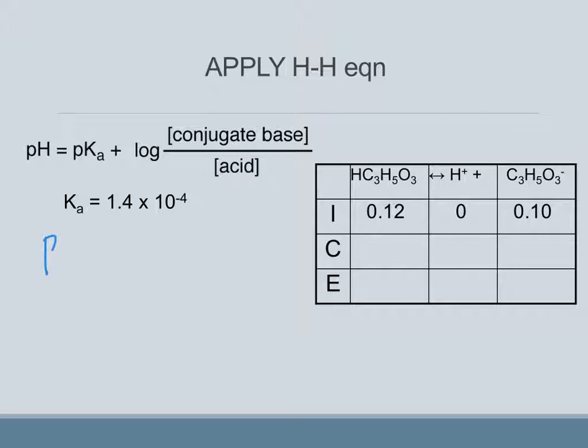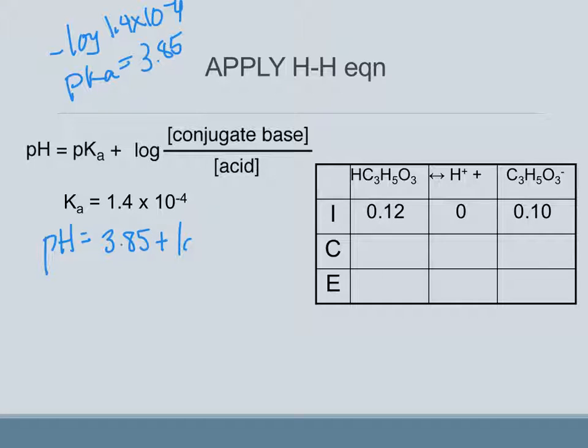To find the pH, we first take the negative log of our 1.4 times 10 to the negative fourth, so our pKa is 3.85. Then pH equals 3.85 plus the log of our conjugate base, 0.1, over our acid, 0.12.